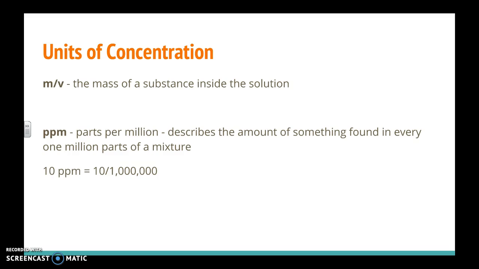That simply describes out of every 1 million parts, how many of those parts are identified as the substance you're looking for. So we might say that at 10 parts per million, we have 10 parts of sodium for every 1 million parts of the water that we're testing. So every 1 million milliliters of water, maybe 10 of those milliliters would have sodium in it. We're describing, almost to the millionth as a fraction, how much of one thing is in a substance.